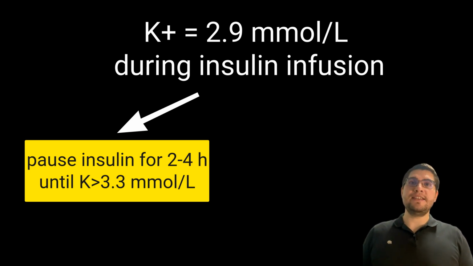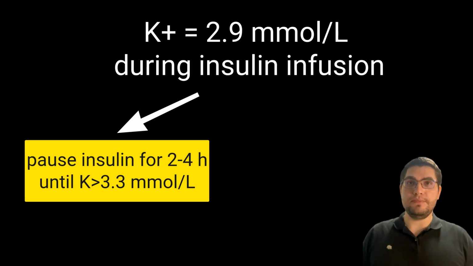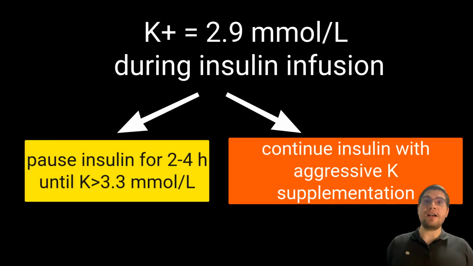This would prevent further exacerbation of hypokalemia caused by intracellular potassium shift secondary to insulin infusion. Alternatively, since the dog has already been receiving insulin for the past 12 hours, you could choose to continue the insulin infusion while using more aggressive potassium supplementation and performing frequent potassium rechecks.